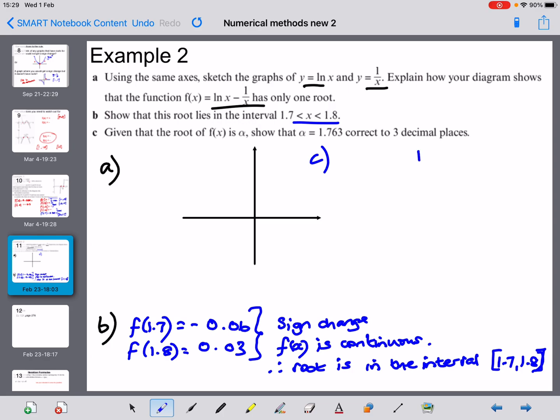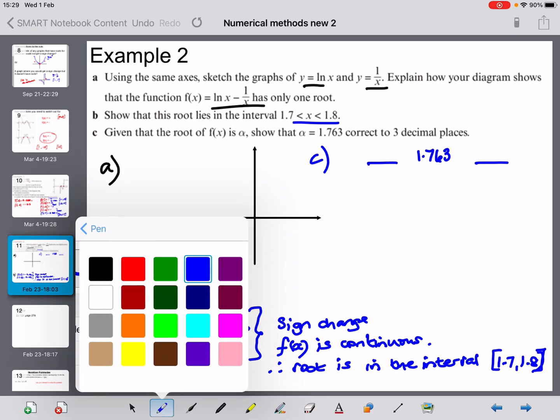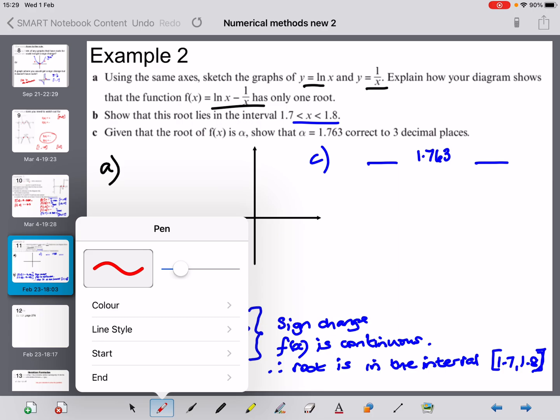So there's our 1.763. What number could we have here and here, which are our interval numbers, that tells us that the root must be 1.763? Okay, those 2 numbers are the bounds.